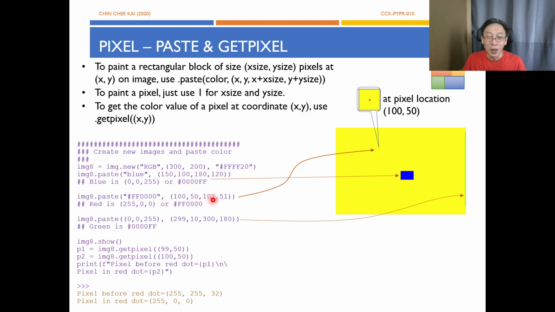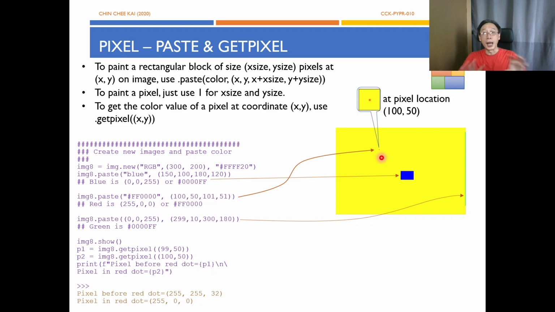Until 101 and 51. So you need to have a plus 1 there, or else you don't see the dot. I don't know if you can see this little red dot, but it definitely is one red dot over there when I try to enlarge the picture, right?